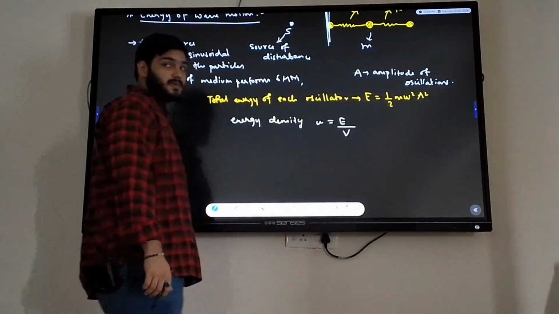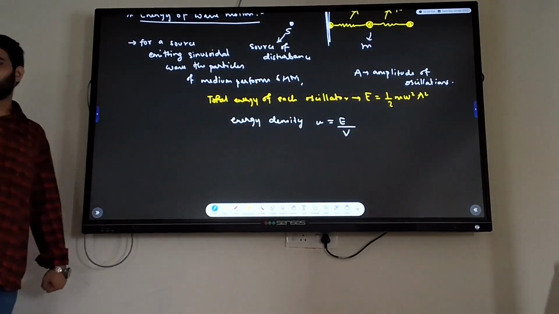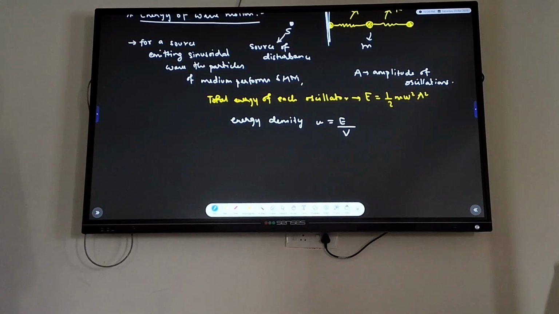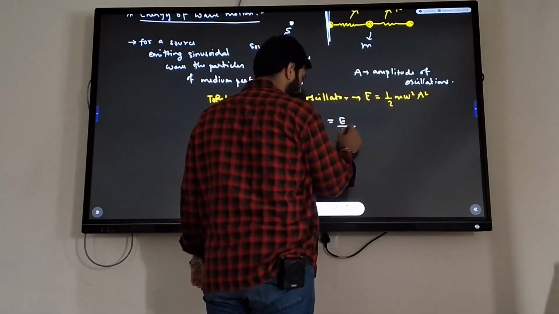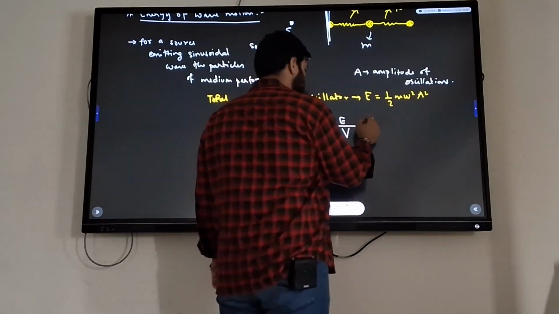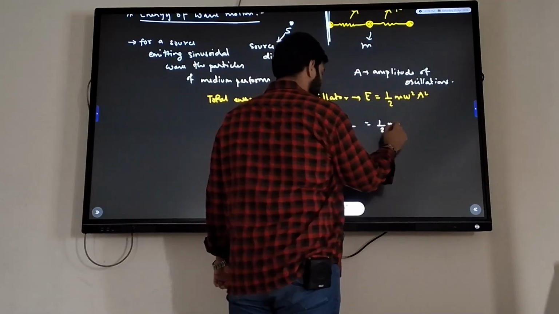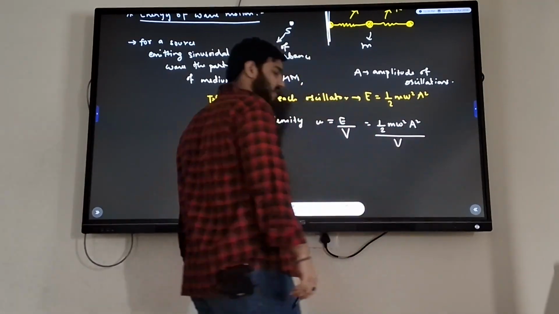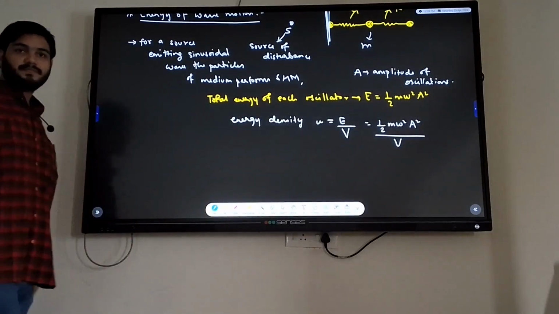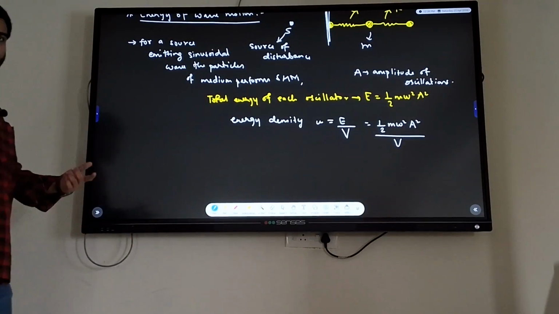Please don't get confused between my capital V and my small v. Small v is for velocity, so I should make this capital V. This is half m omega square a square divided by volume. Then mass by volume is what? Density, that's mass density.